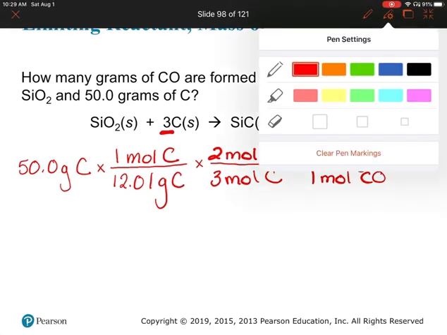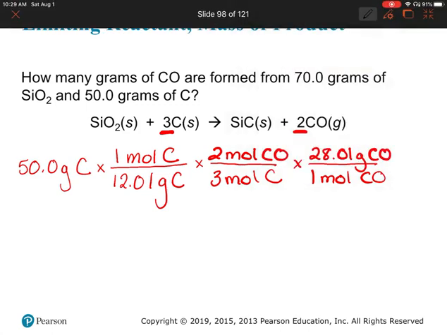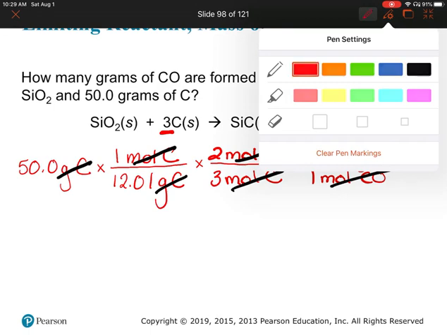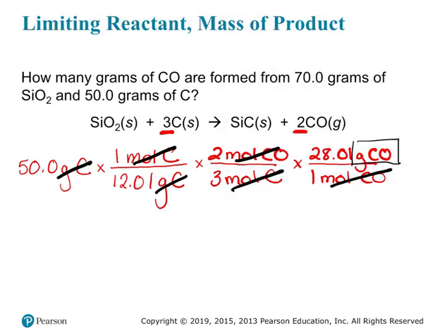All right, now let's make sure that everything cancels that we need to cancel. So grams of carbon, moles of carbon, moles of carbon monoxide. So our final unit again is grams of carbon monoxide. Okay, so let's simplify this.